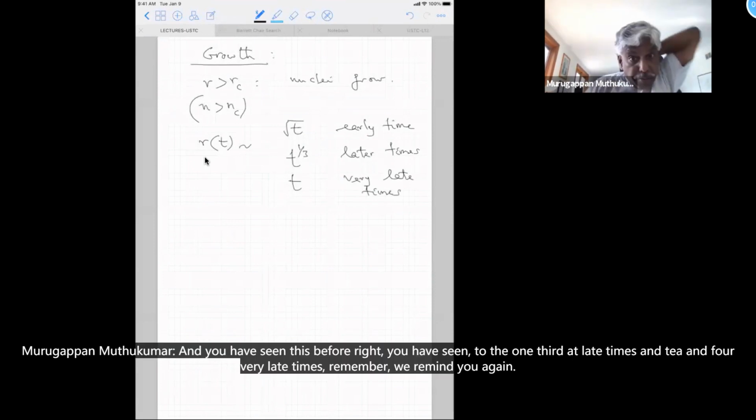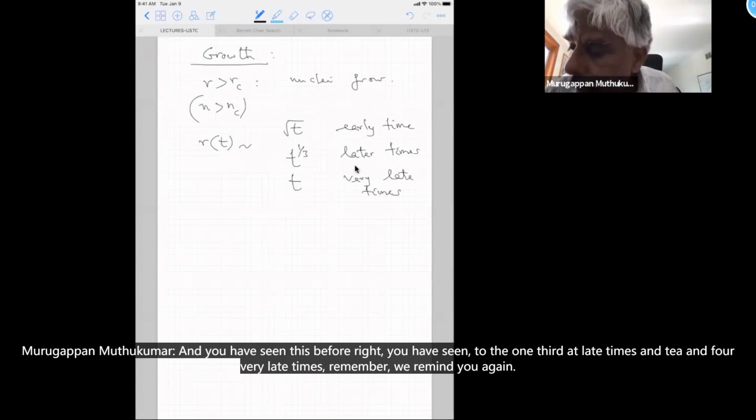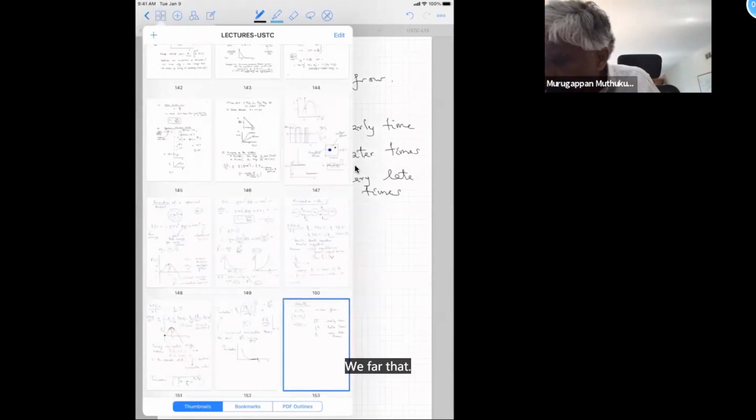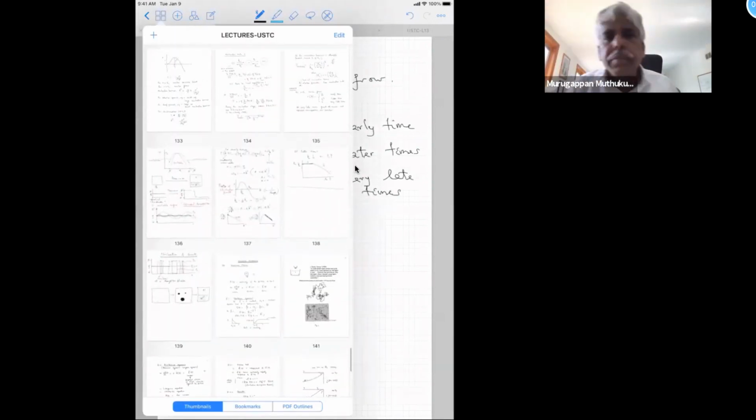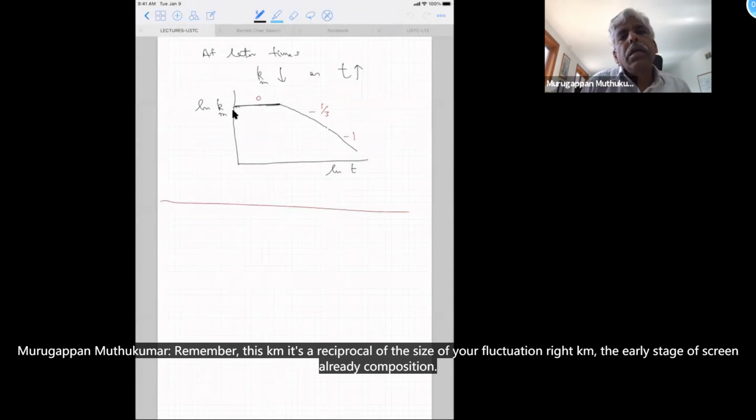And you have seen this before, right? You have seen t to the 1/3 at late times and t for very late times. Remember, I'll remind you again. We saw that here. Remember, this is k_m, it's a reciprocal of the size of your fluctuation, right? k_m, the early stage of spinodal decomposition, right?